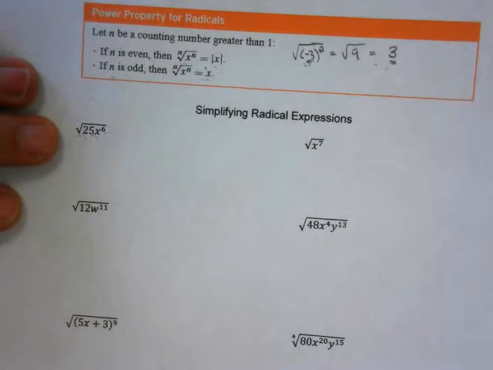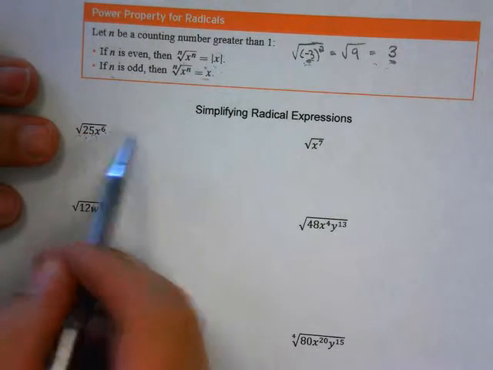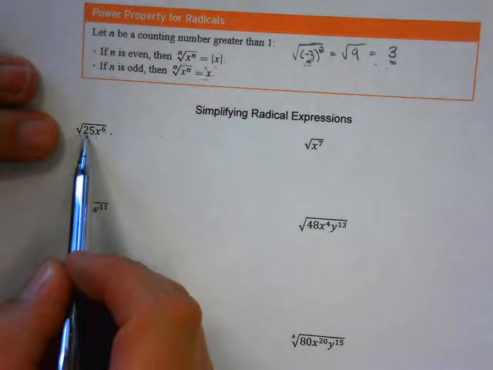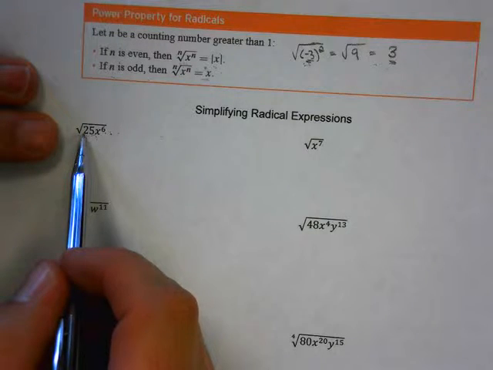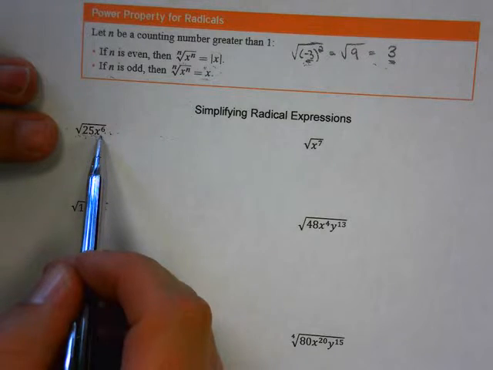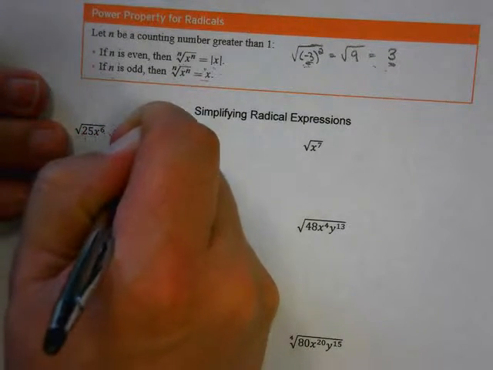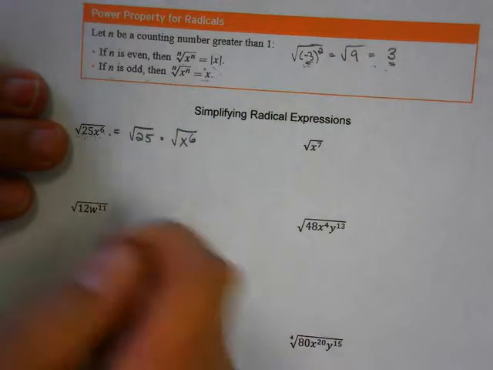We want to simplify this. Now again, if we set this up into two radicals, eventually we will, but 25 is a perfect square. What's the square root of 25? 5. And x to the 6 is perfect too. Because if you think of it this way, let's go the square root of 25 times the square root of x to the 6.